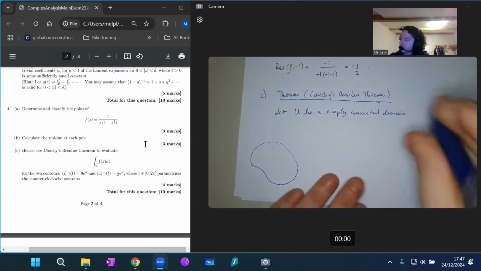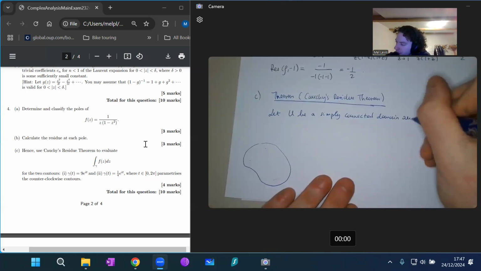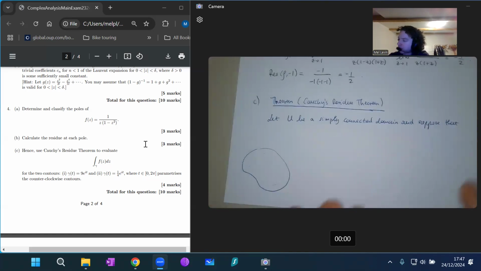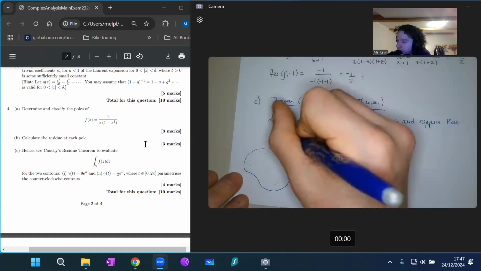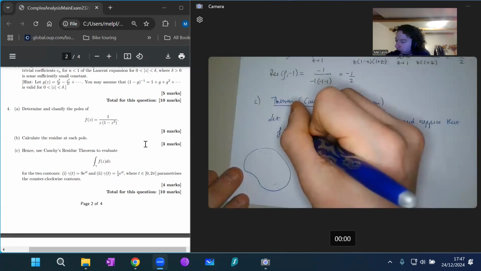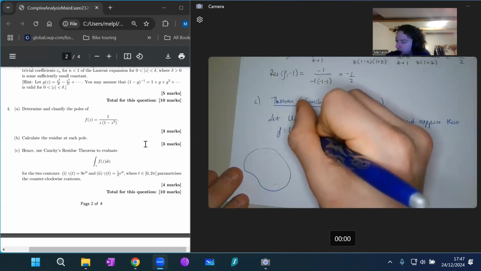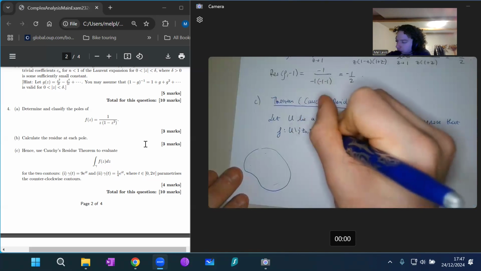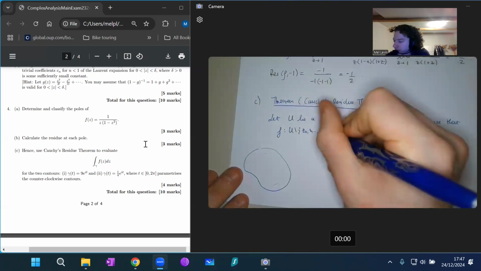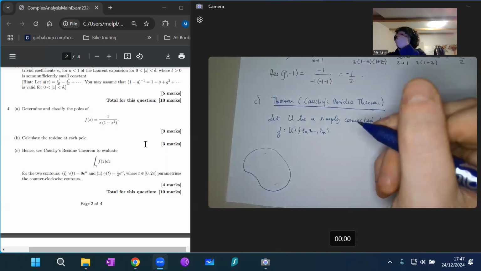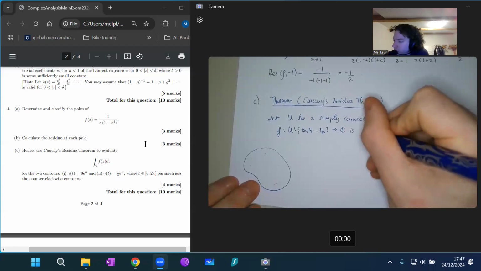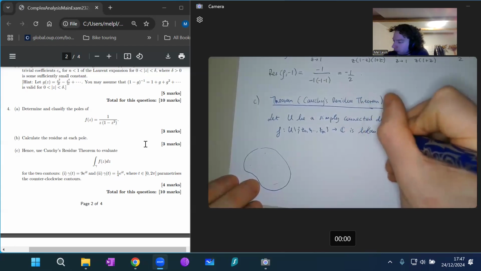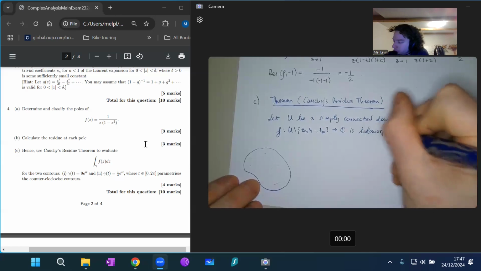So let U be a simply connected domain, and suppose that f from U, with z0, z1, up to zn removed, to C is holomorphic, so differentiable on that whole domain.